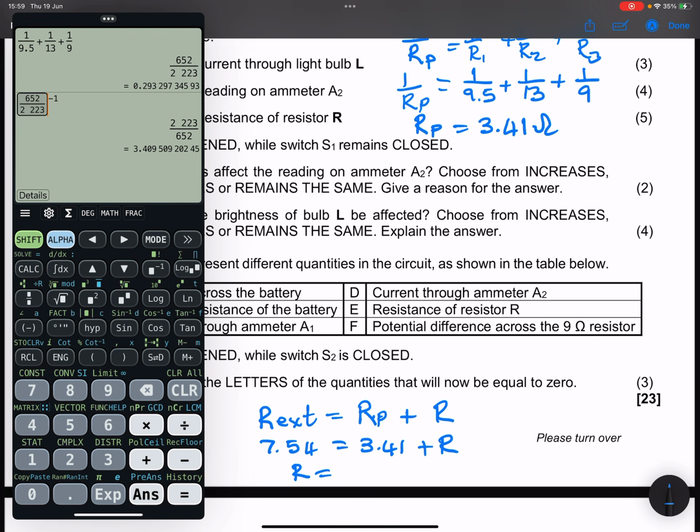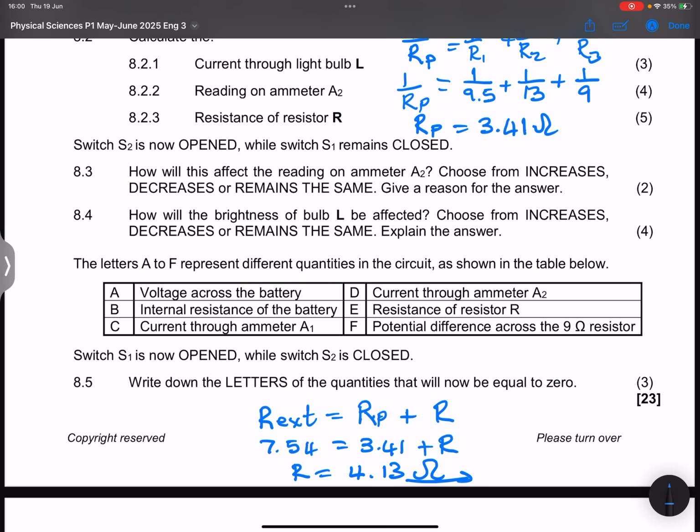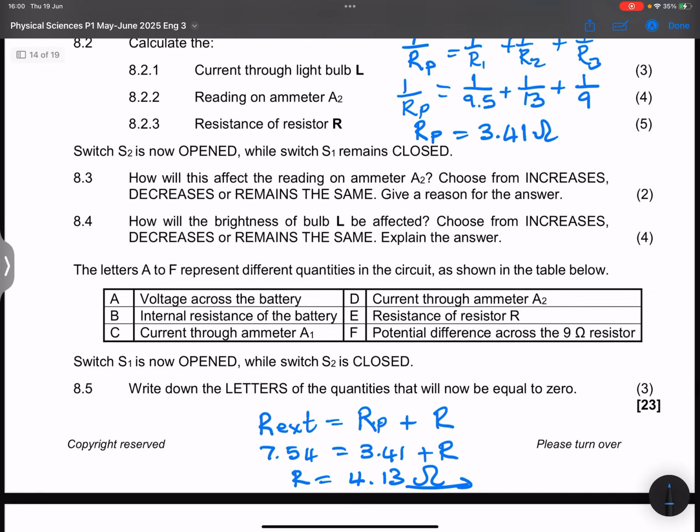So we've got 7.54 minus 3.41, and so that gives us a value for R, which is 4.13 ohms. Please confirm if you get the same value, ladies and gents. That is what I was able to get.